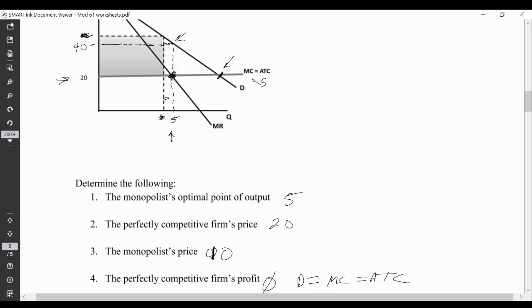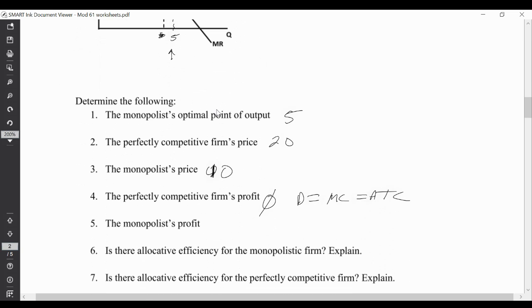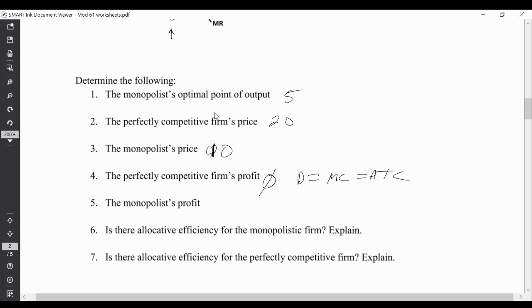So we can say right now a monopoly is inefficient, right? For a monopolist, profit here would be total revenue minus total cost. In this example, that would be $100. They would be making $100. Now it asks, is there allocative efficiency in a monopoly?